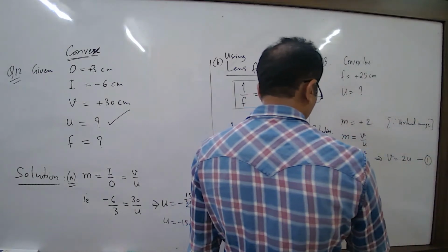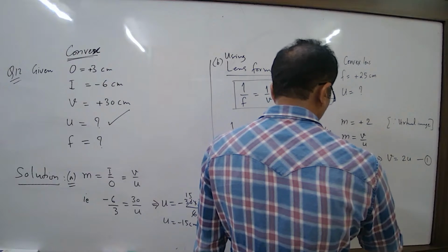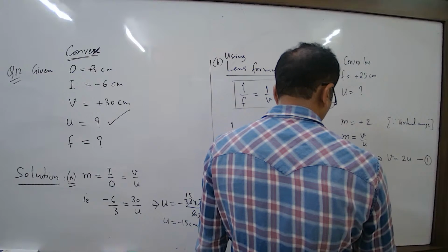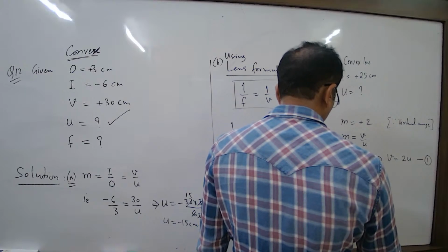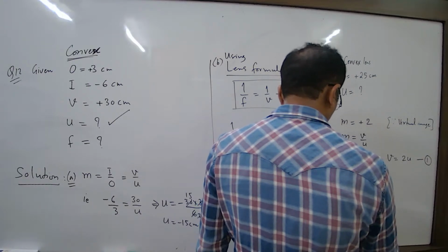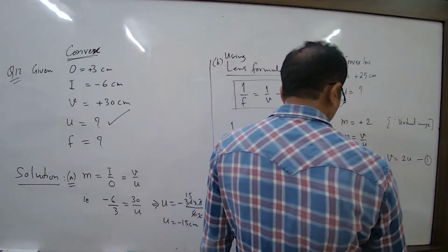Now by lens formula, 1 by F is equal to 1 by V minus 1 by U. So what do we know? We know V is 2U.